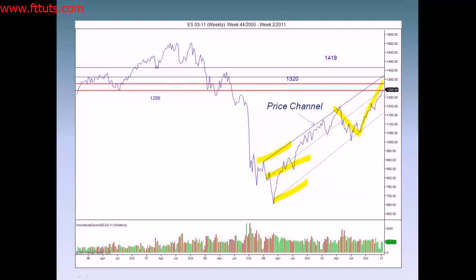There is actually a tool in your drawing tools based on this principle, because this movement happens very often, called Andrew's pitchfork. It tells us that price tends to move in a channel with an upper range and a lower range. And here, prices have dropped to the lower range of the channel, and they're coming back to test about the midpoint of the channel.